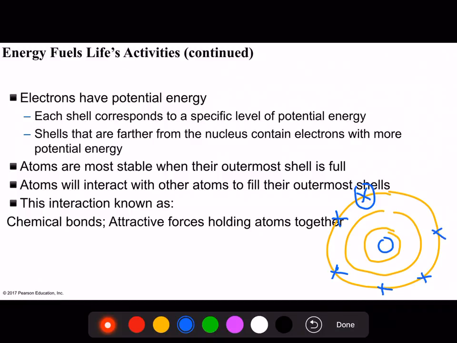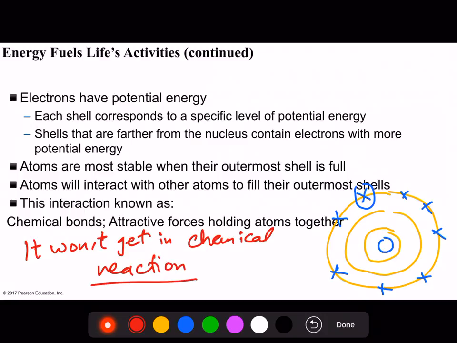1, 2, 3, 4, 5, 6, 7, 8. So once an atom has 8 electrons in its outermost shell, then it is stable. What do we mean by stable? It means it won't get into chemical reaction.